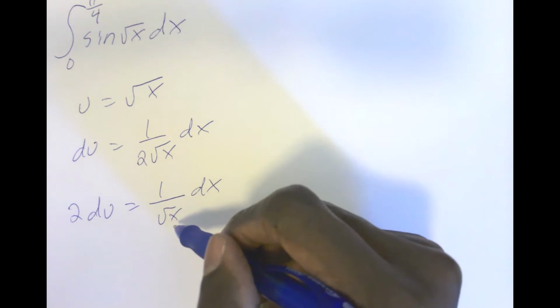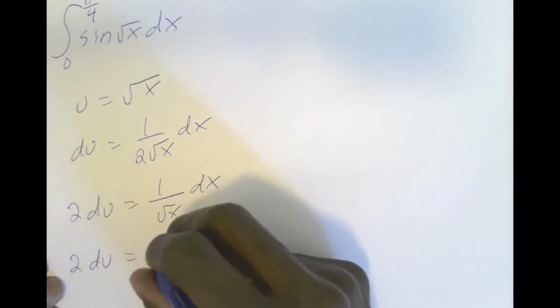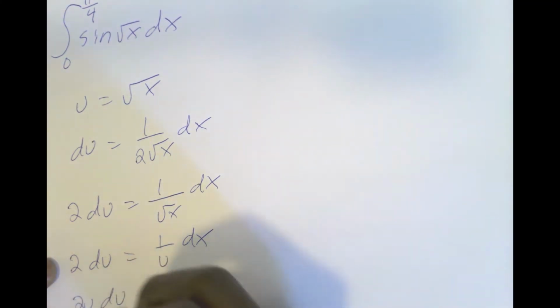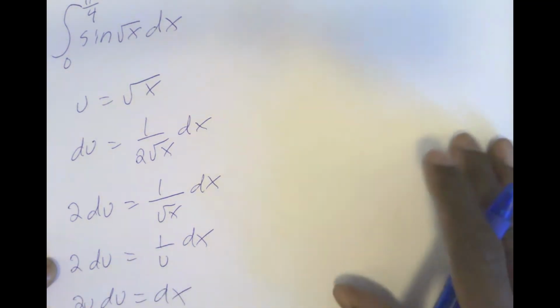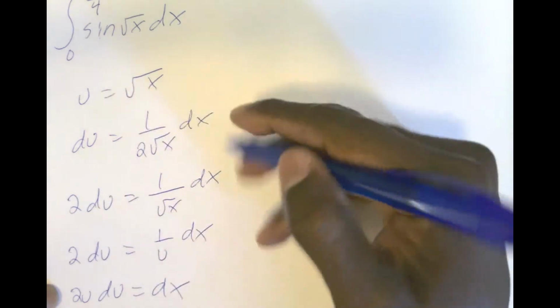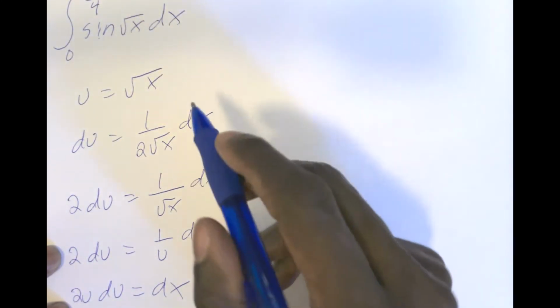And the square root of x is actually u, so 2 du is 1 over u dx, which means that 2u du equals dx. So this dx is going to turn into 2u du, and you'll have the sine of u.